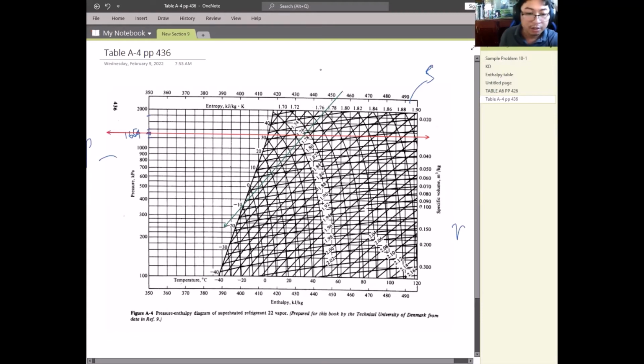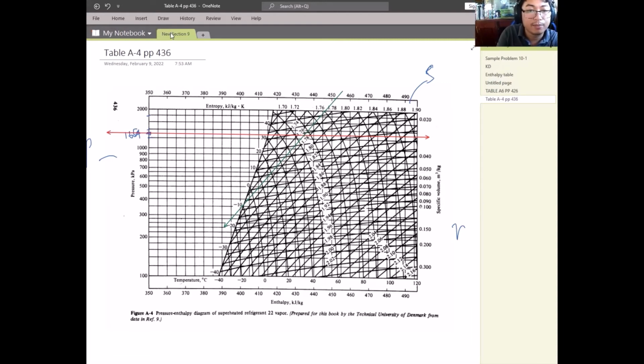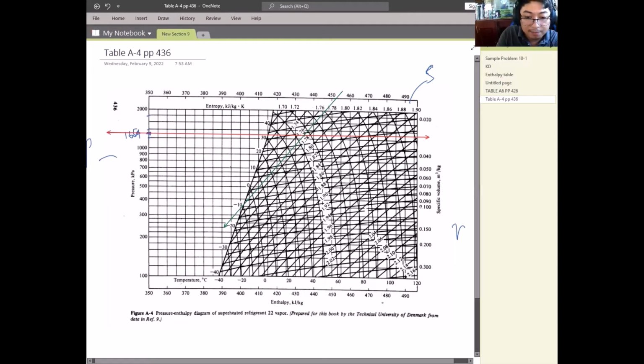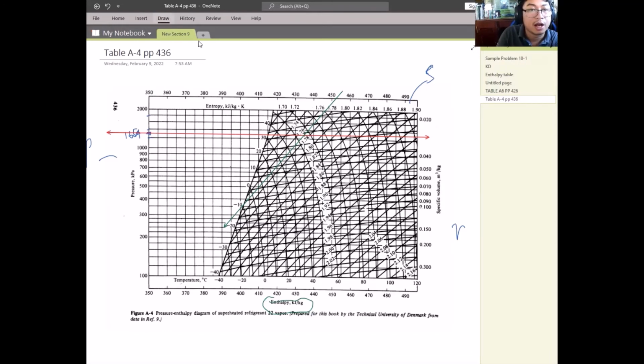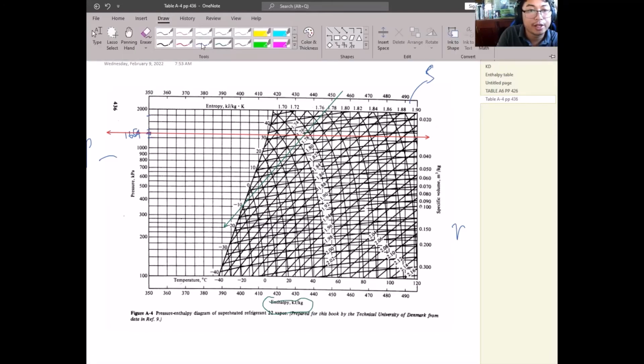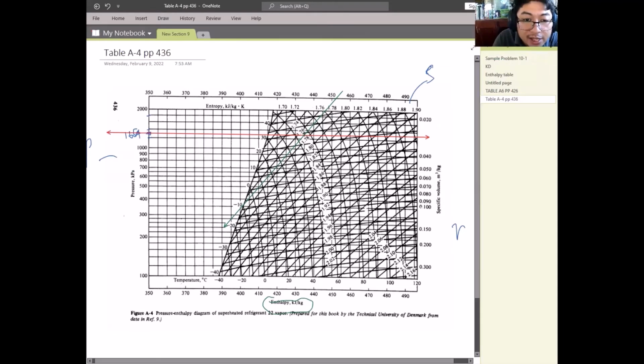The crossover point of this will give our enthalpy on the x-axis.